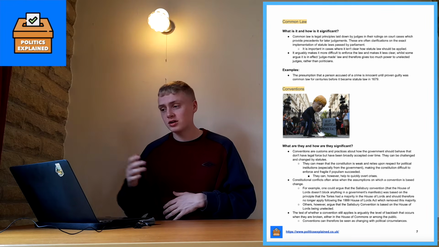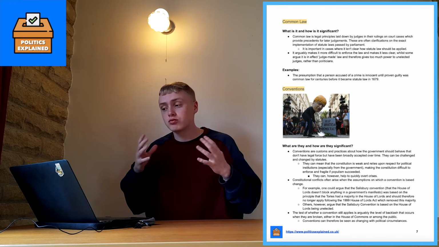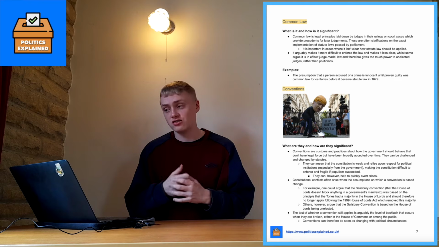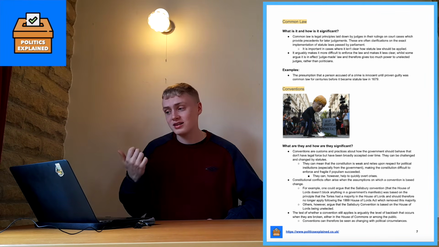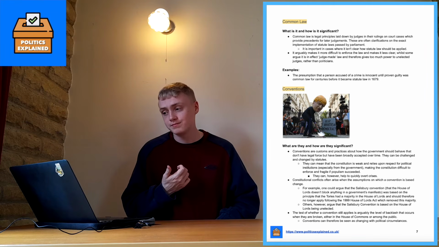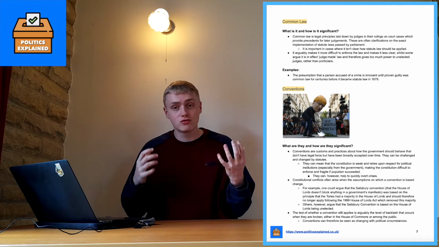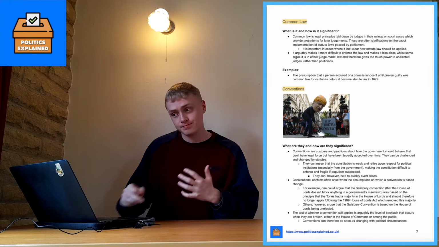The fourth thing I'm going to look at is common law. So common law is legal principles that are laid down by judges in their rulings on court cases, which then provide precedents for later judgments. These are often clarifications on the exact implementation of statute laws passed by Parliament. Common law is really important in cases where it isn't clear how statute laws should be applied.